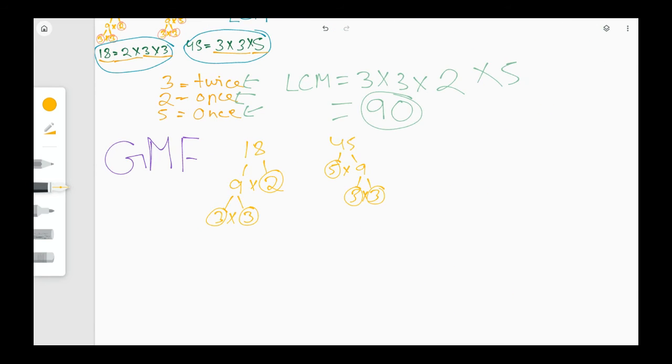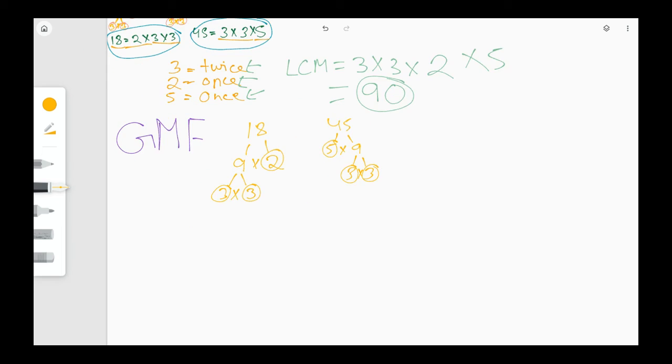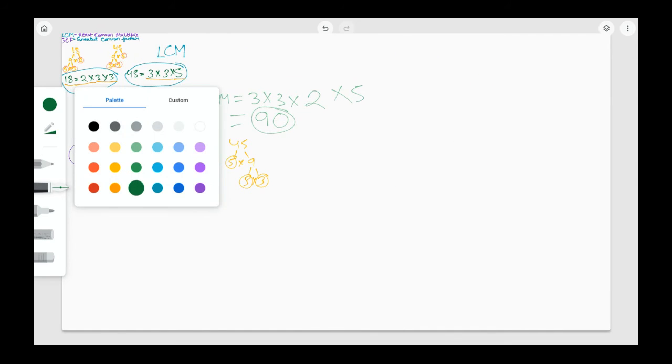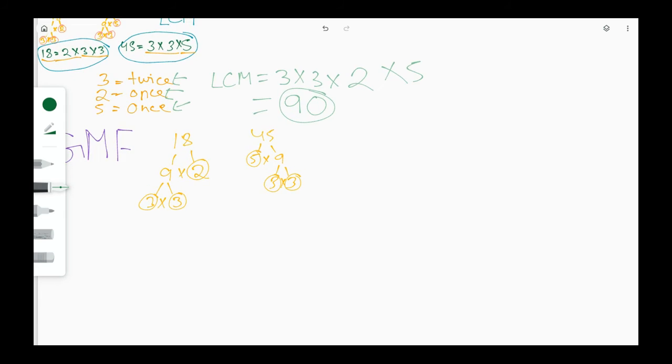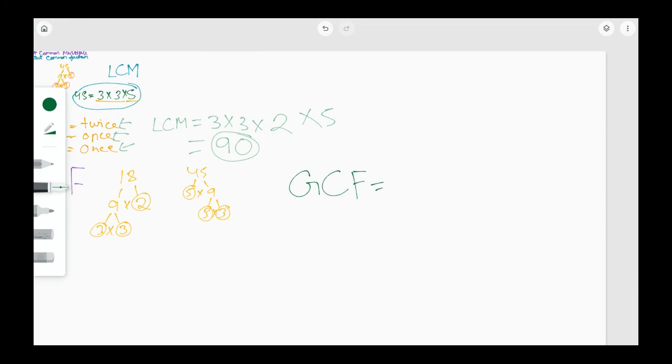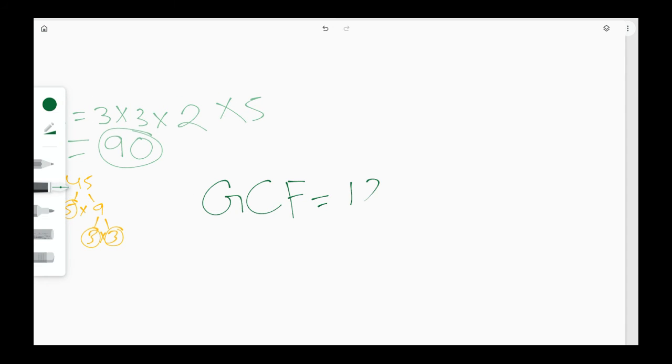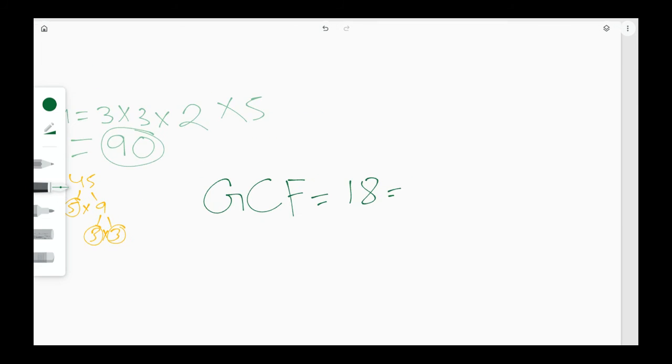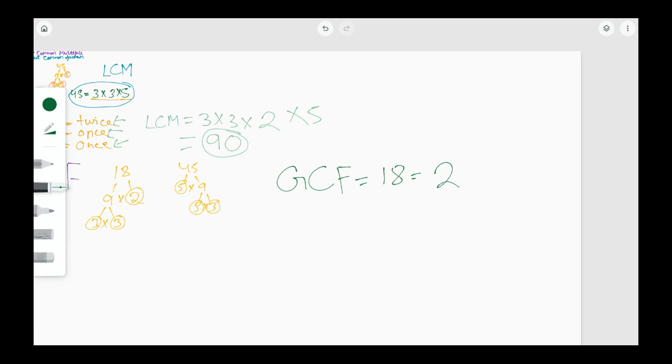Now I've done my prime factorization. This time I'm going to write it out. GCF, greatest common factor. 18 equals 2 times 3 times 3. 45 equals 3 times 3 times 5.